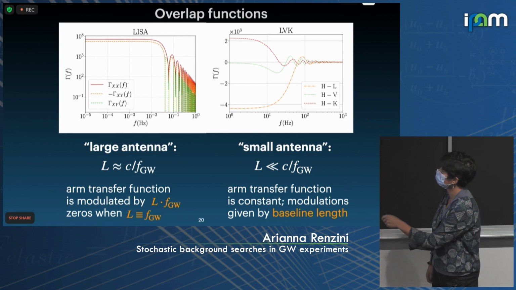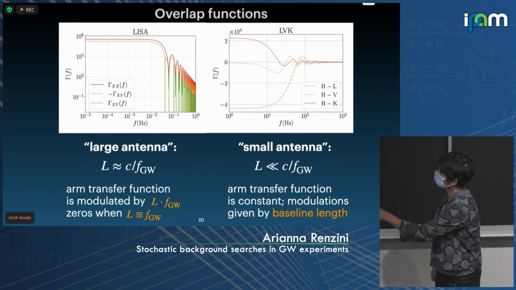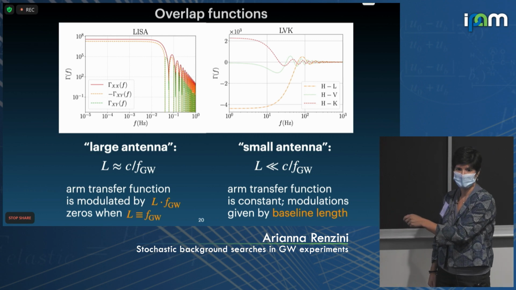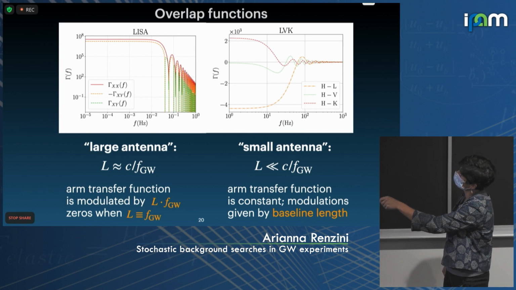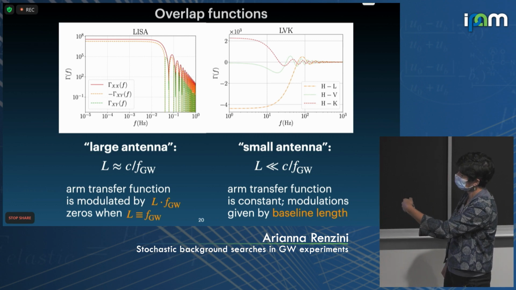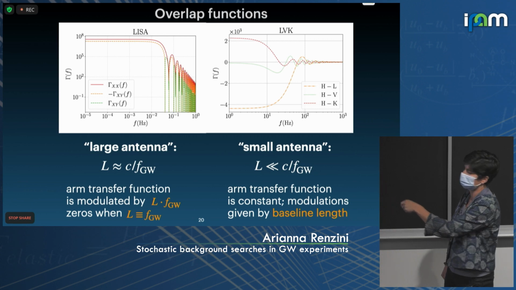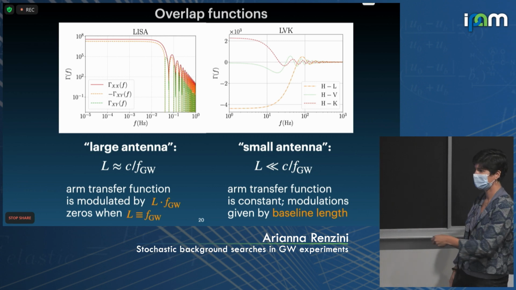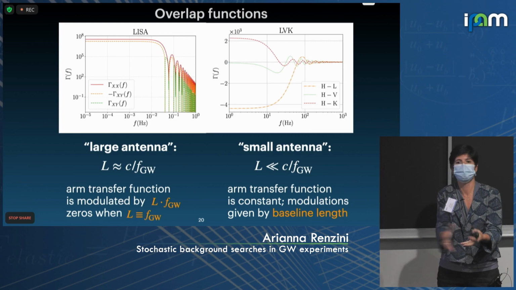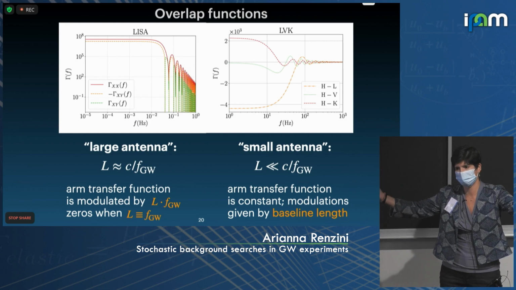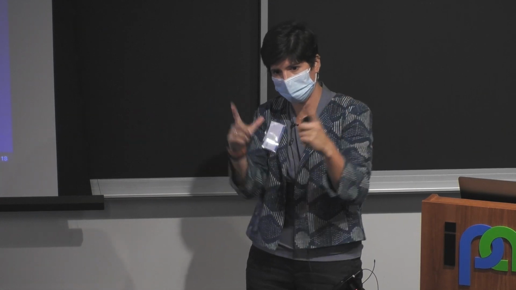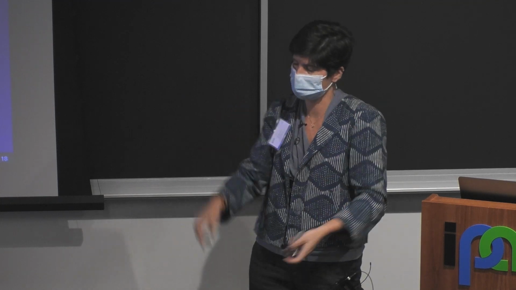So stochastic searches, while quite sensitive at lower frequencies, are quite insensitive to signals at higher frequencies. If you remember what the LIGO sensitivity curve looks like, this tells you that the nice space above a few hundred hertz, which we'd like to probe, is suppressed in stochastic searches, simply because the Earth is only so big. If the Earth were bigger, if we could put detectors further away from each other, then we could access those modes. But because the Earth is very compact and we're limited by the baseline length, this is what we get.